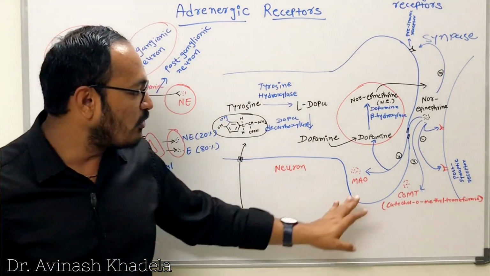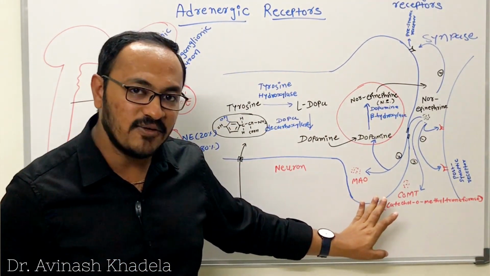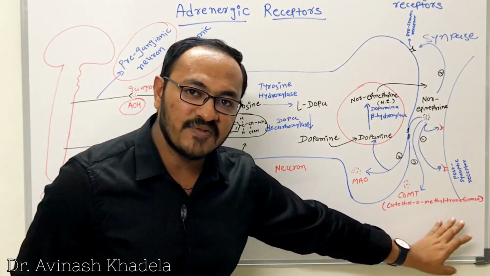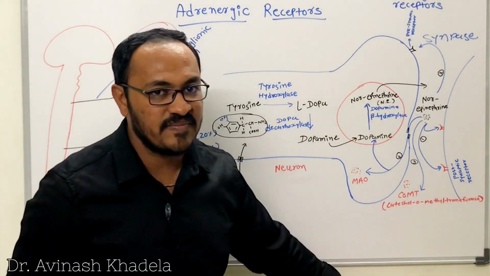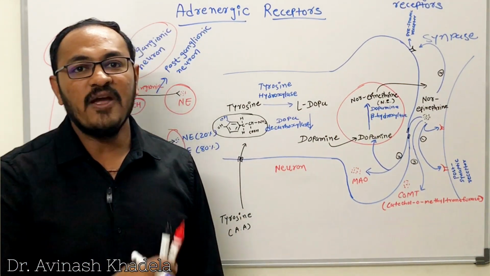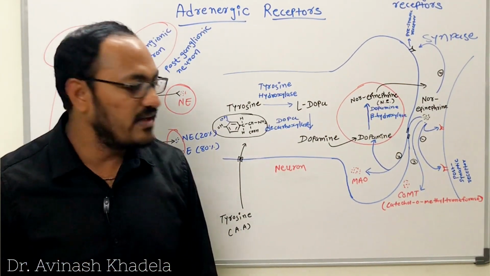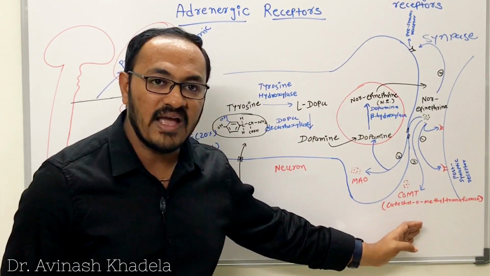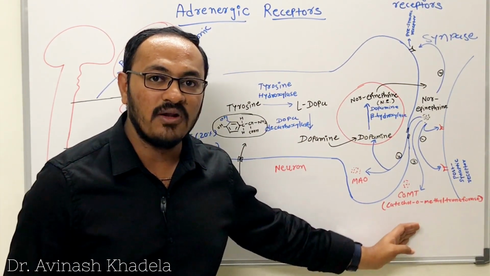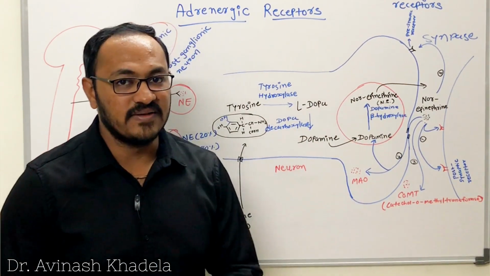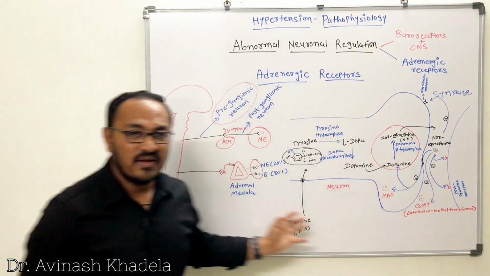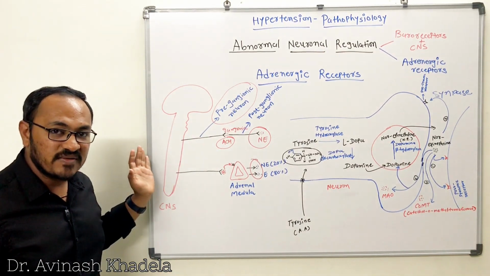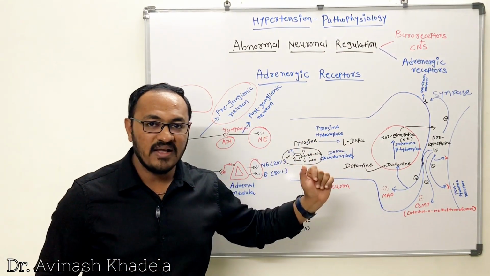Please remember, monoamine oxidase is present inside the neuron, whereas COMT, catechol-o-methyltransferase, is present in the synapse. So there are two ways of metabolizing this catecholamine: via monoamine oxidase and via COMT, catechol-o-methyltransferase.